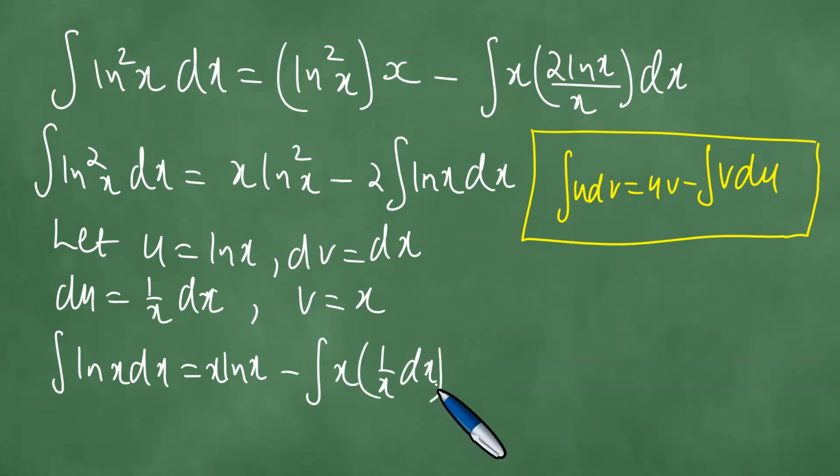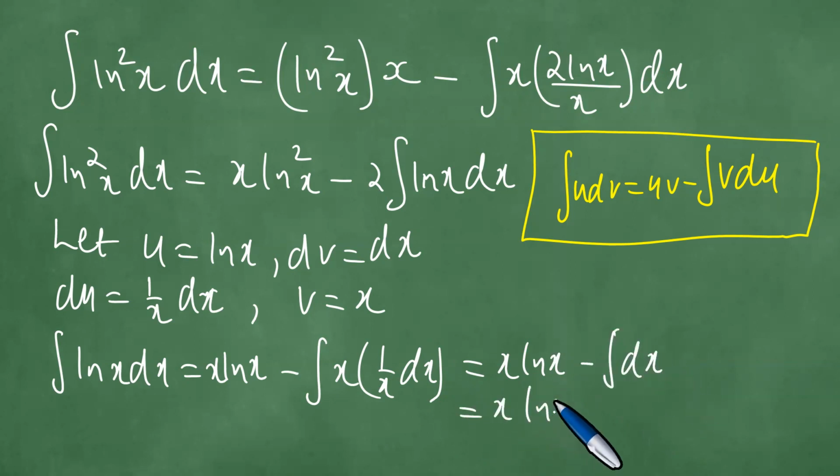The x cancels, so you have x ln x minus the integral of dx, which is x ln x minus x. We can add an arbitrary constant of integration c. So the integral of the natural log of x dx is x ln x minus x.